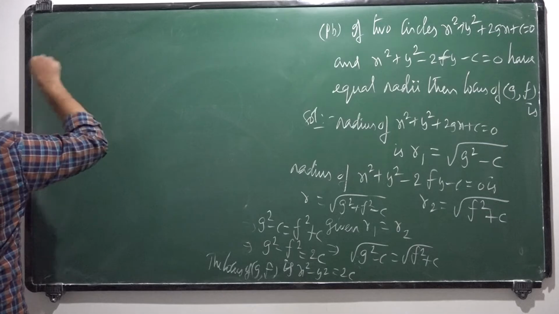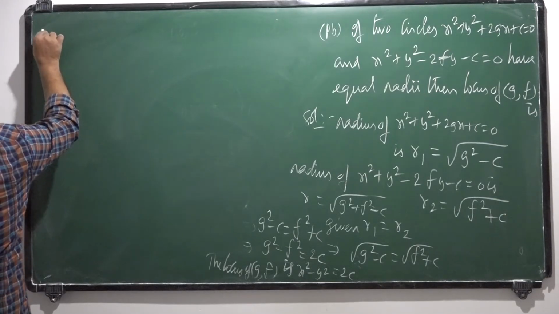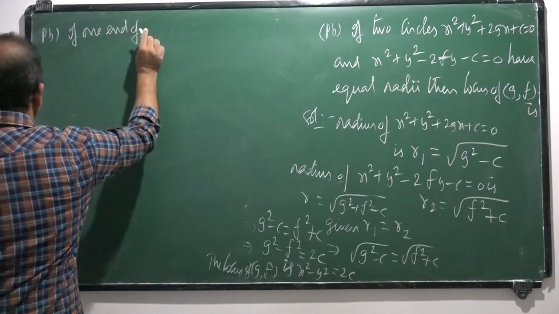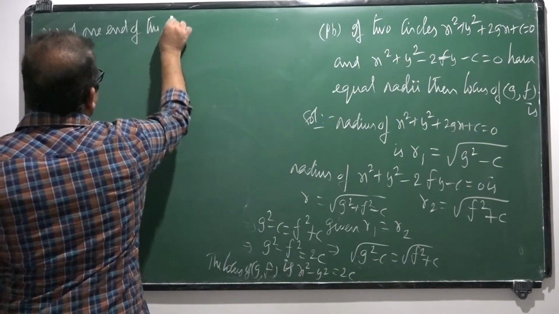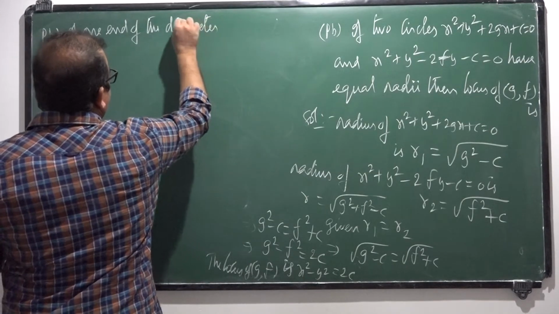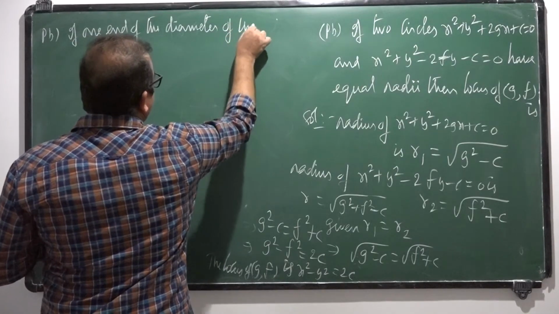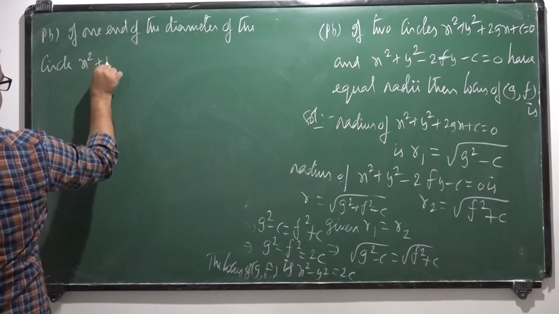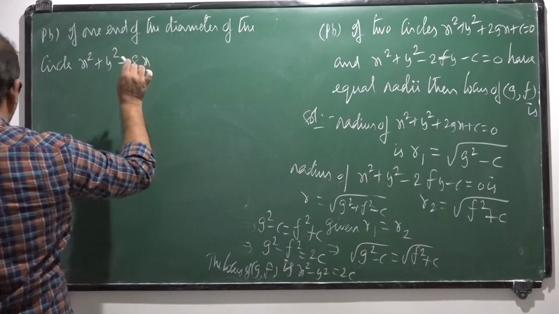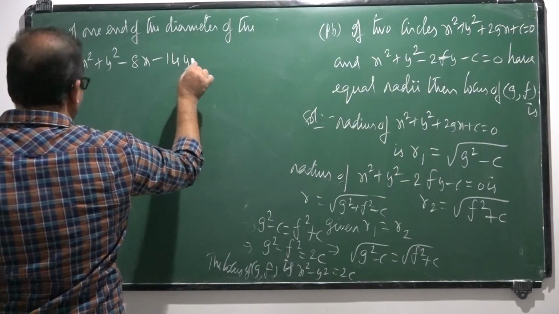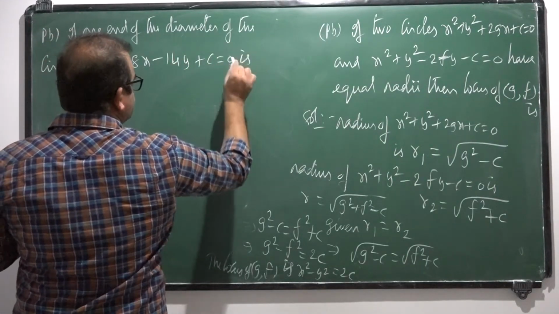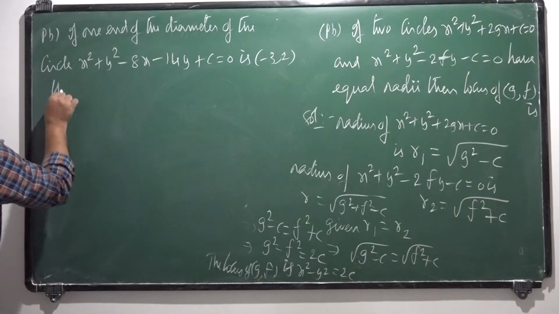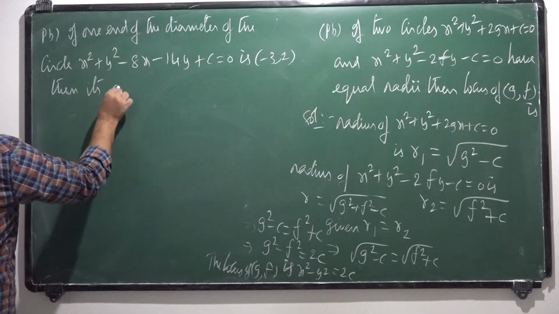Next, if one end of the diameter of the circle x square plus y square minus 8x minus 14y plus c is equal to 0 is the point minus 3 comma, then its other end is?